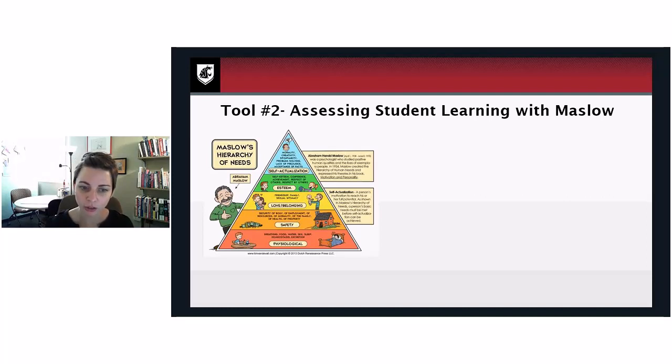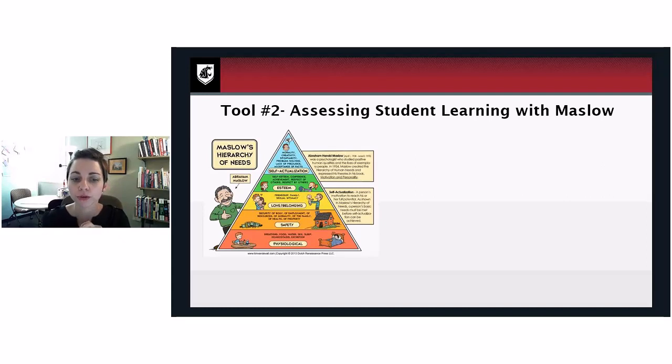where they are at on this hierarchy could affect their learning. So, for example, if a student says to you that their lease is running out soon, and they don't know where they're going to be living in 2 weeks, and that's stressing them out, you can assess that on Maslow's level of needs, that both their physiological and safety needs are at risk right now.